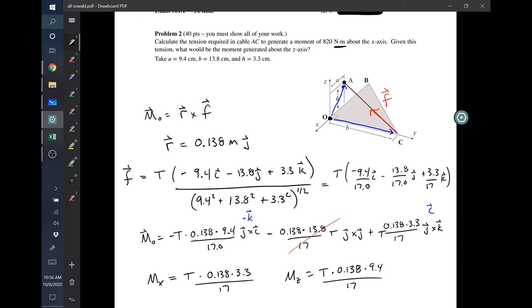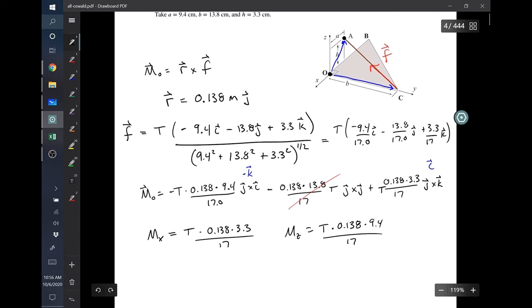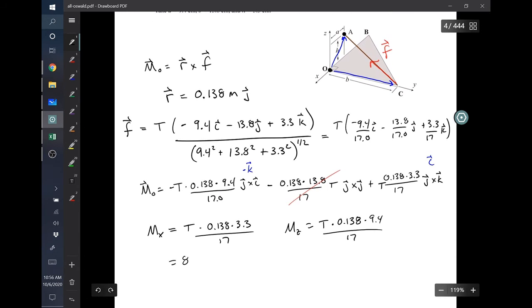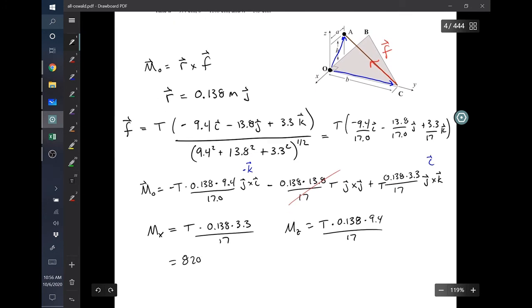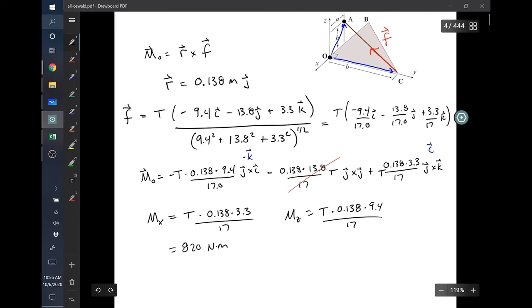So we're given the x-axis. So this one is equal to 820 Newton meters. And so solving for T, 820 multiplied by 17 divided by 0.138 and divided by 3.3 gives me 30,600 newtons.